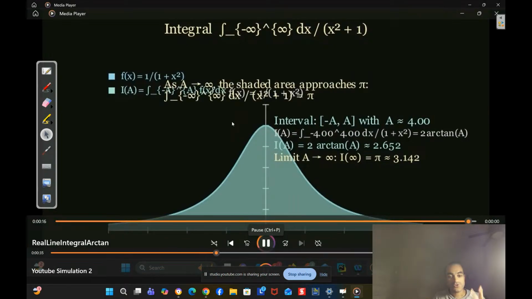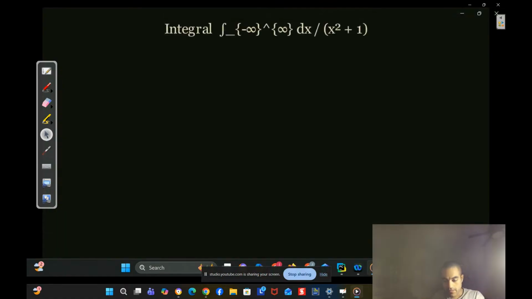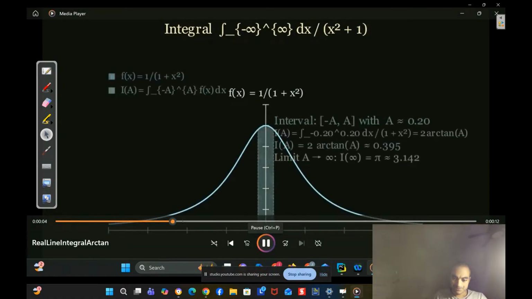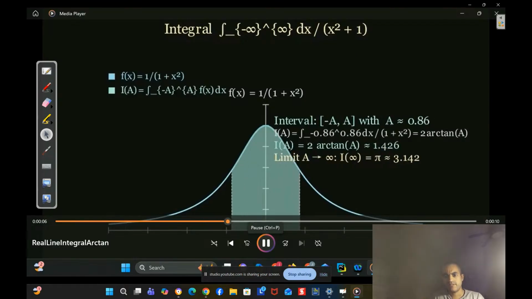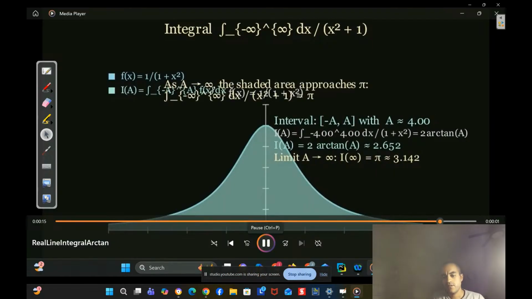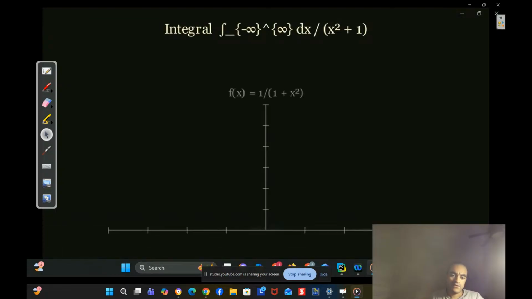And there's two ways to do that. You could have done contour integration that I showed you, or you could have done regular integration of dx over x squared plus 1. Just notice that d by dx of arctan is equal to 1 over x squared plus 1. Integrate, and you get arctan, and that will give you pi.